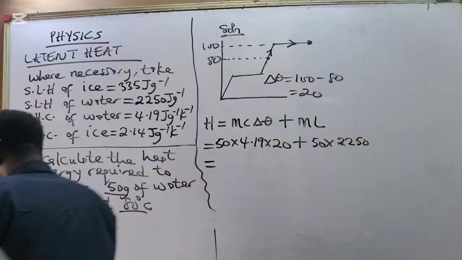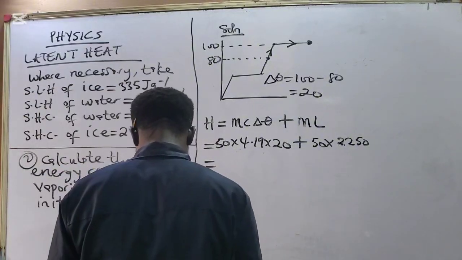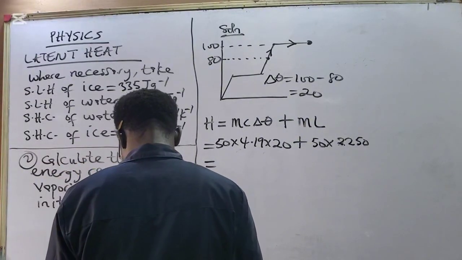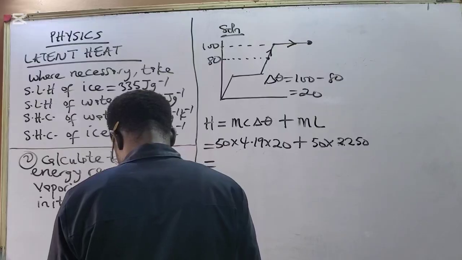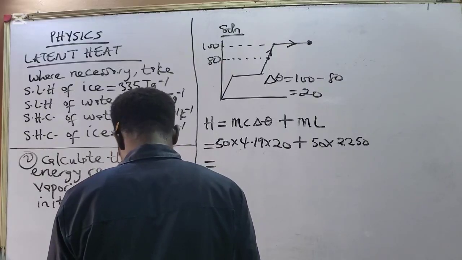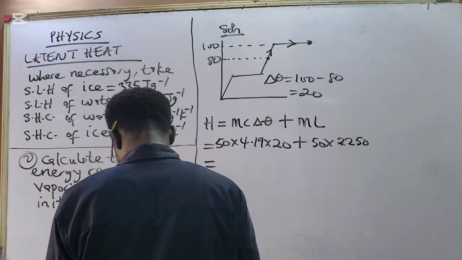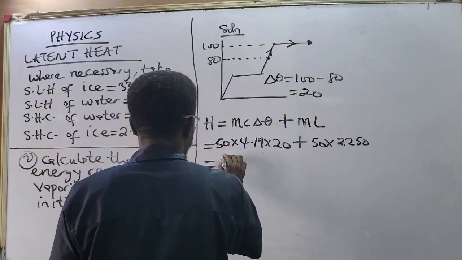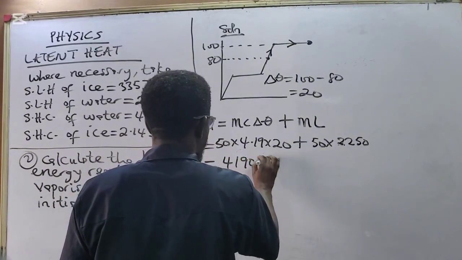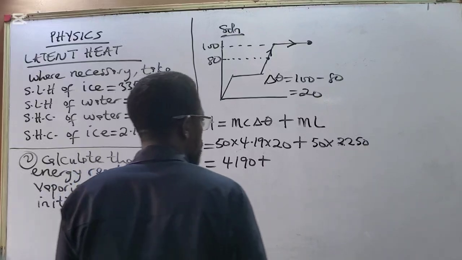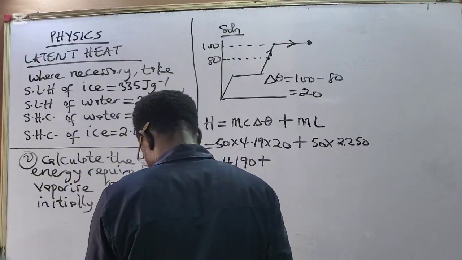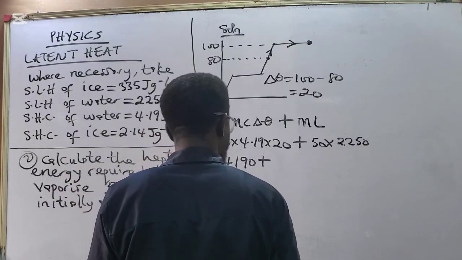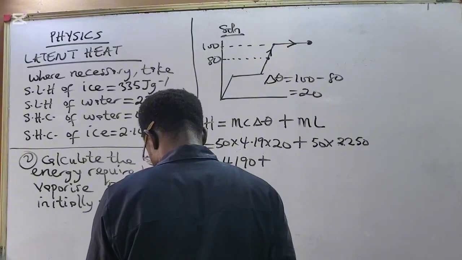Okay, let's do that multiplication now. We have 50 times 4.19 times 20, plus 50 times 2250.